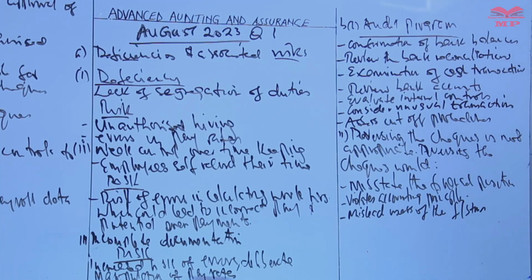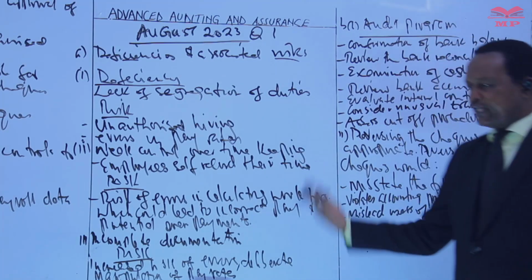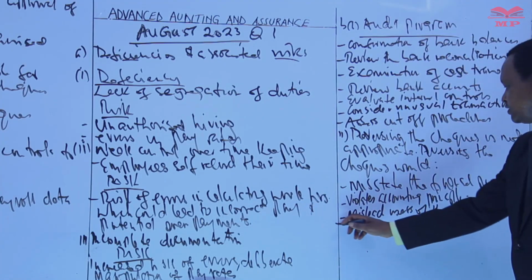Reversing the checks would mislead users of the financial statements. It would provide a misleading picture of the company's financial health. So that is how you earn the 3 marks.